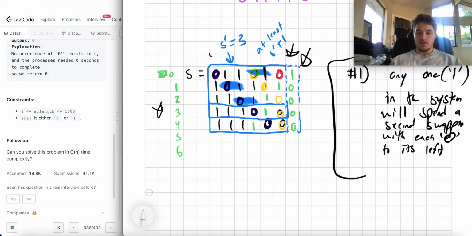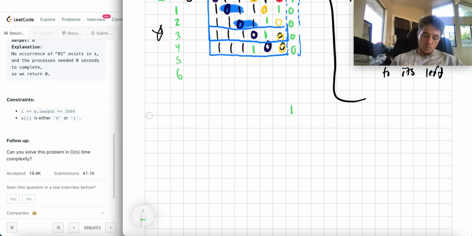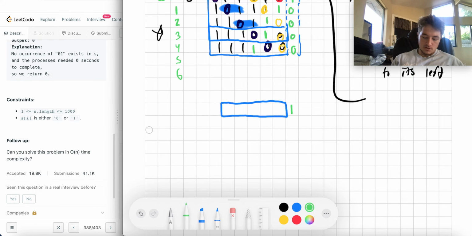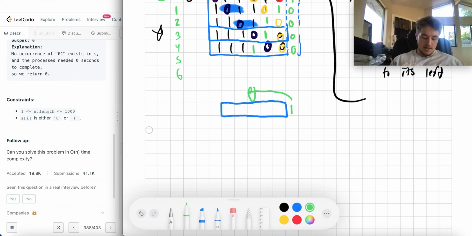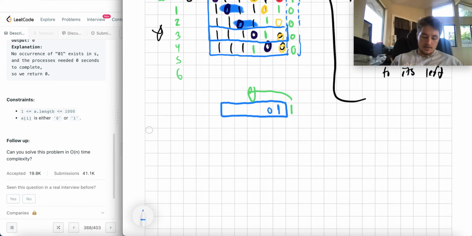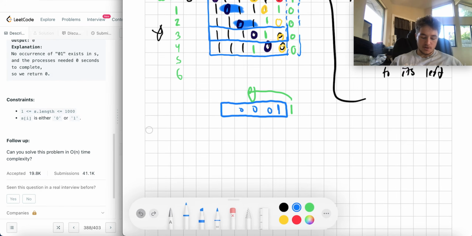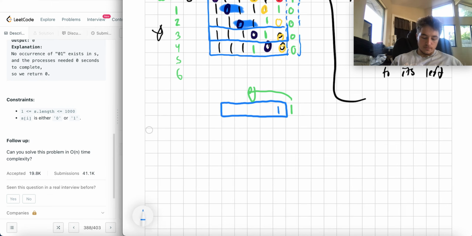Well, I guess the observation is that in order for a 1 here that's waiting on a previous system to finish, the only way this 1 can move over to the left is if the blue system is sorted so it can provide it with the zeros it needs to swap with, right? If this system has a 1 here and zeros before it, or whatever the situation is, right?